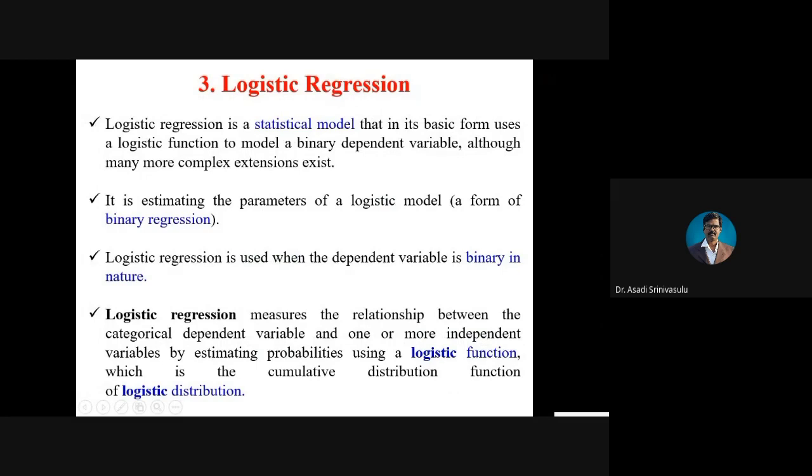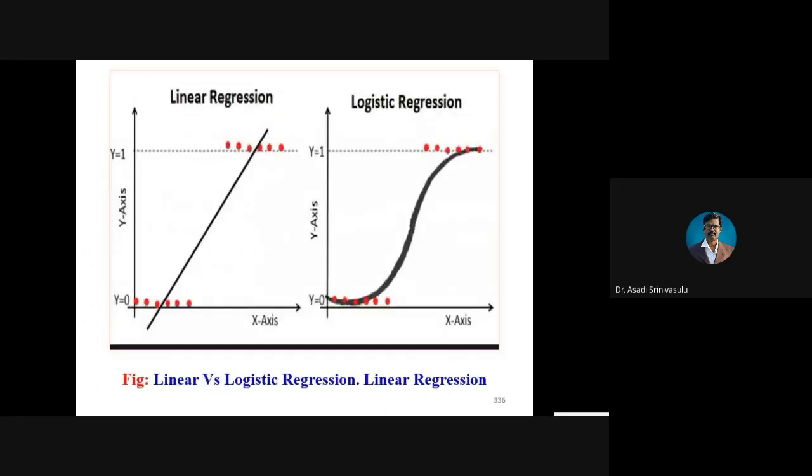Logistic regression is based on a binary outcome. The dependent variable is binary in nature. It gives true or false. See the difference between linear regression and logistic regression. In linear regression we have x-axis and y-axis, and in logistic regression, the output is either true or false.